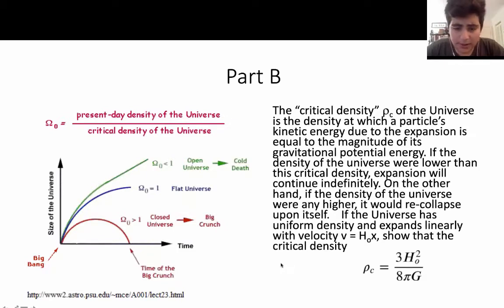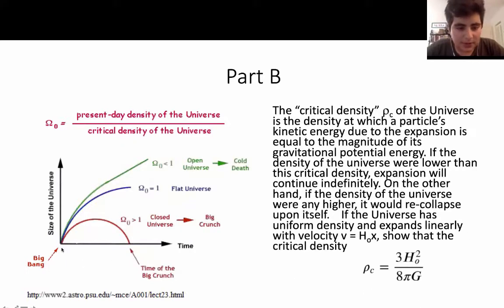On the other hand, if the density of the universe were any higher, it would recollapse upon itself with this orange curve. And then if the universe has uniform density and expands linearly with velocity v equals Hubble's constant, that's H sub 0, times the distance x, show that the critical density is equal to this below.